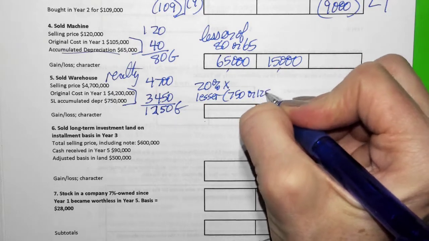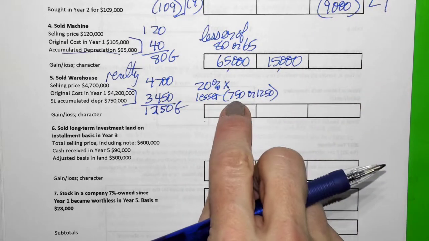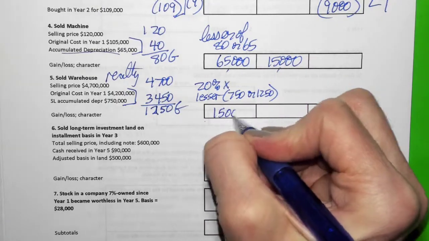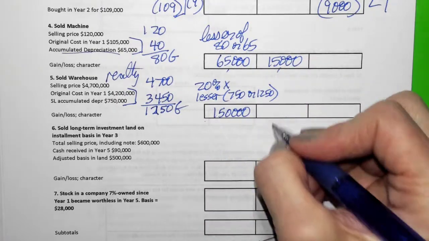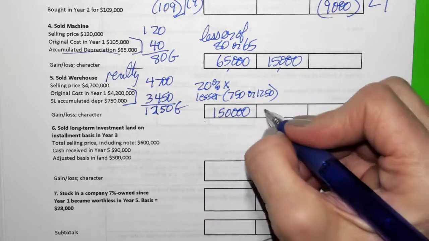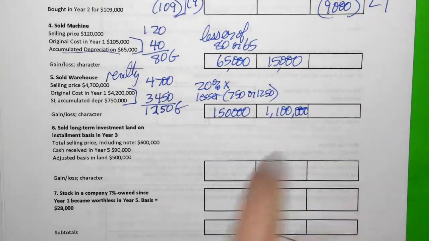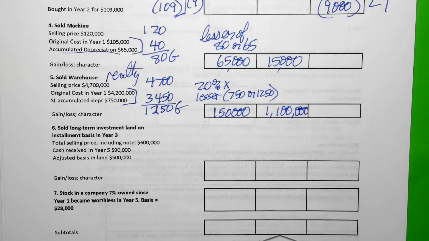So the smaller number is 750. 20% of 750 is 150,000, and that leaves 1,100,000 to stay in the Section 1231 character.